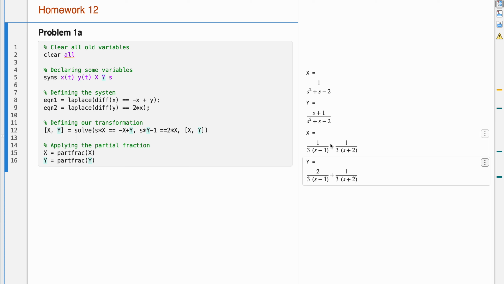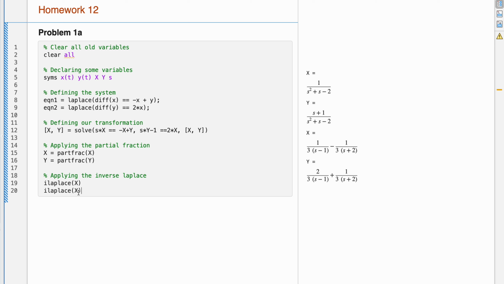We get 2/3 times 1 over s minus 1 plus 1/3 times 1 over s plus 2, which is for our y, and 1/3 times 1 over s minus 1 minus 1/3 times 1 over s plus 2 for our x. Then what we do is apply the inverse Laplace, which is called ilaplace in MATLAB. We do it for the x and we do it for the y.